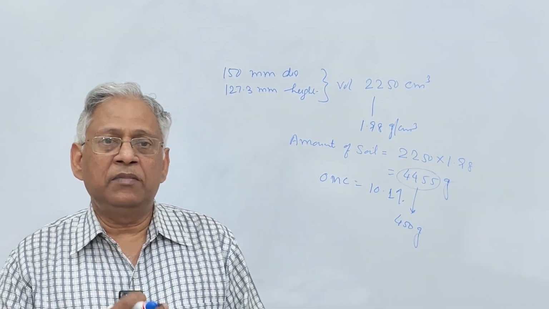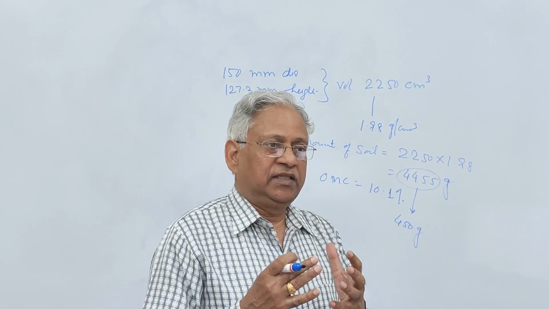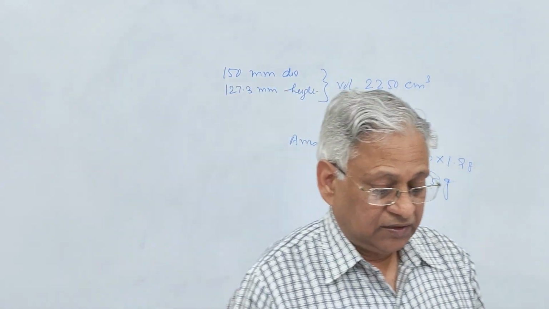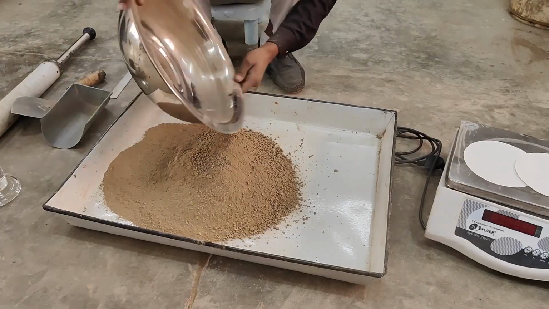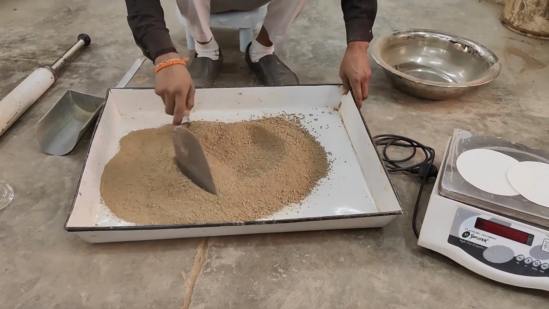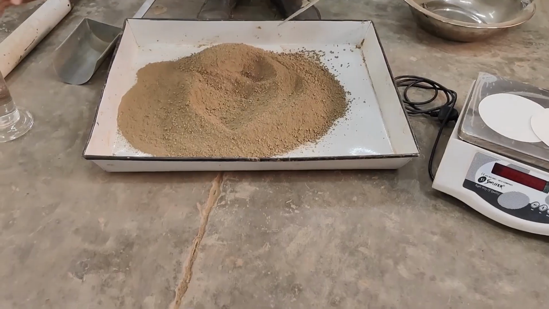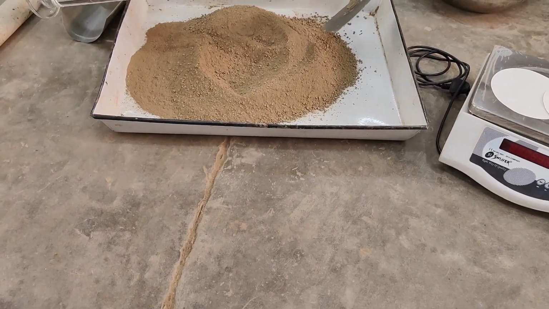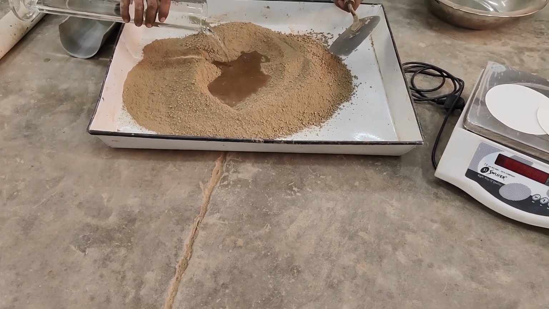So in case of dynamic compaction, we take about 4.5 to 5 kg of soil in a tray and find out how much water is required corresponding to OMC.